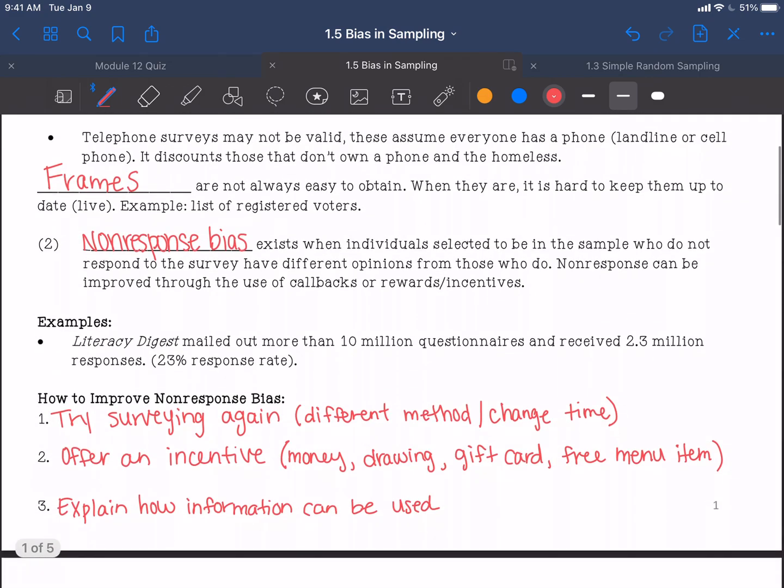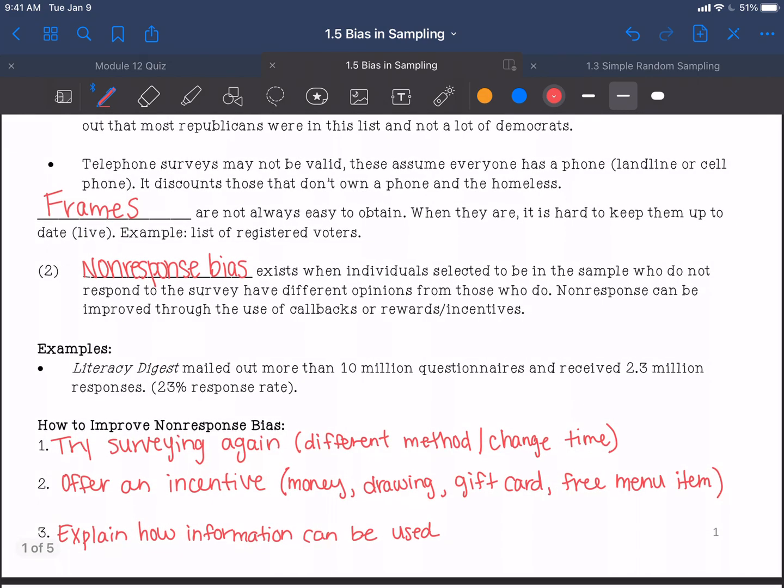So frames are not always easy to obtain. When they are, it's hard to keep them up to date. Remember, a frame is a list of everyone in your population that you are studying. An example there is a list of registered voters.